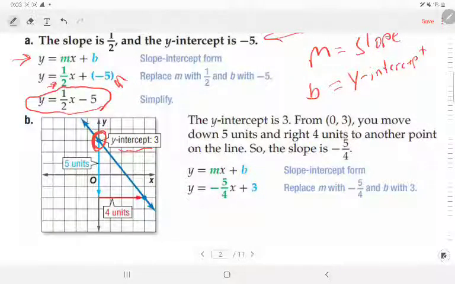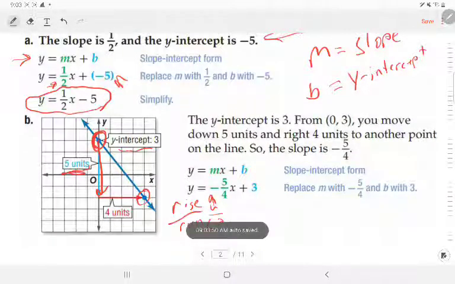Now remember, to find slope is rise over run. So we go up or down over side to side, okay? And remember, if you go up, it's positive, down, it's negative, to the right, it's positive, to the left, it's negative. So we need to find another point on this line. Well, this point crosses really nicely between two axes. So we could count down 5 units, okay?